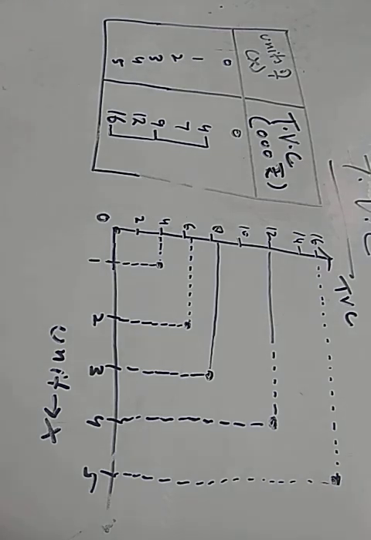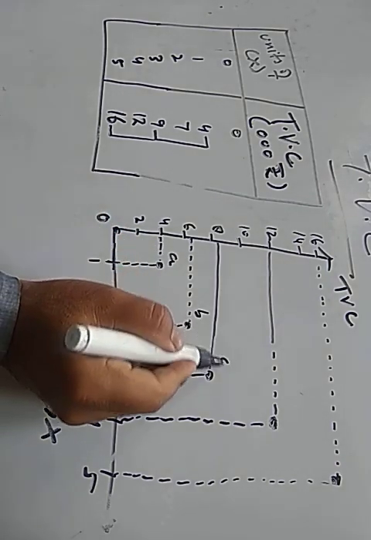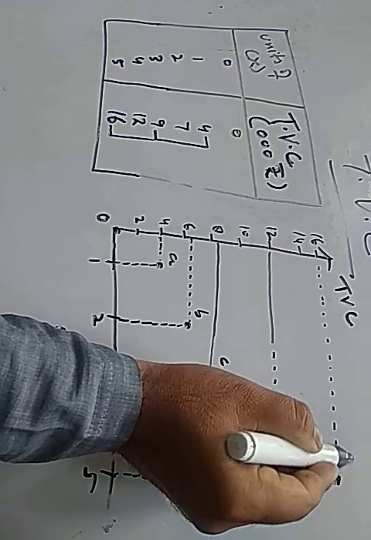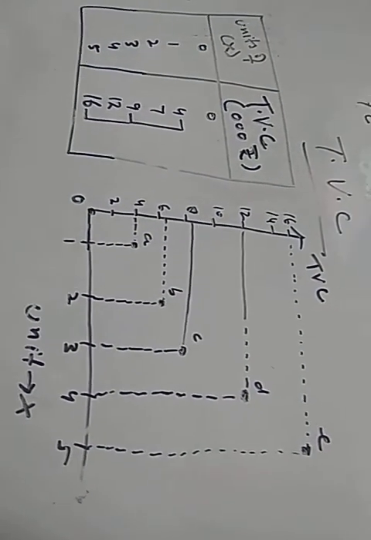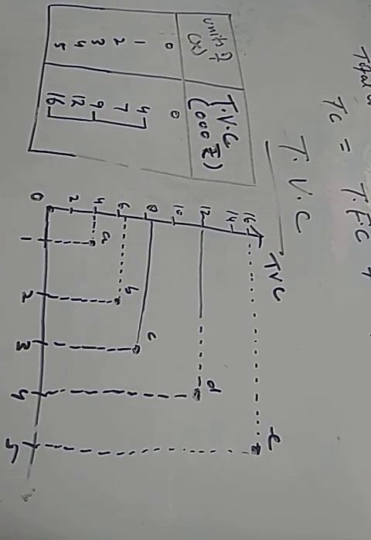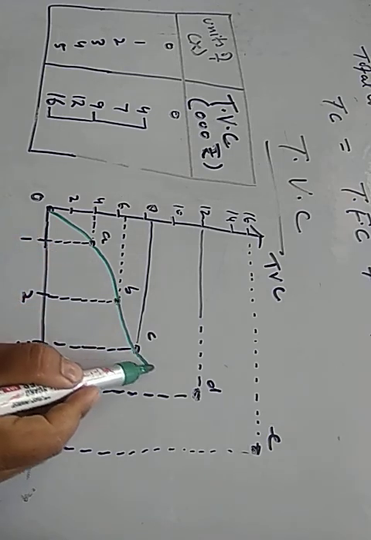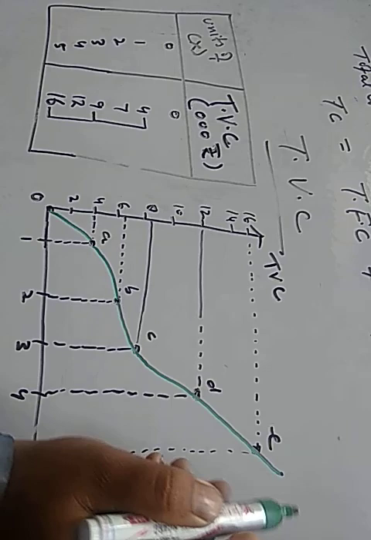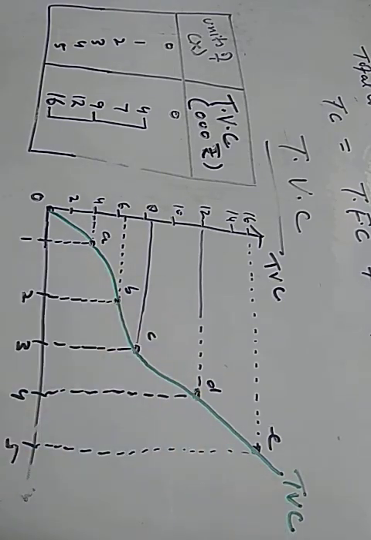Now by joining these points, suppose point A, B, C, D and point E, we will get a total variable cost curve. This is the total variable cost curve.